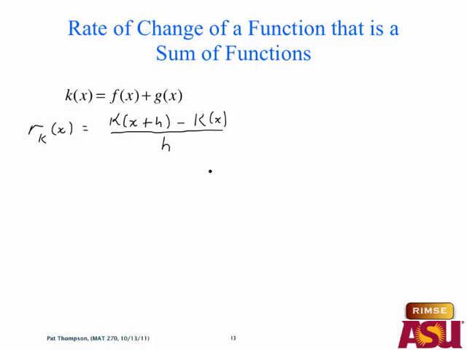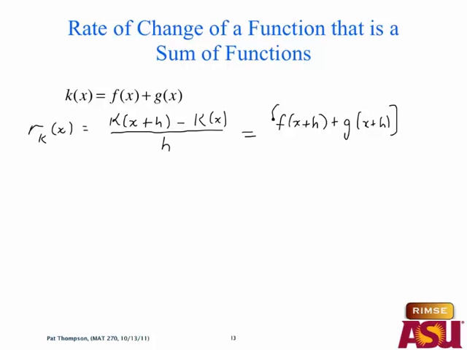Now we look at what the definition of k is, and we apply this to the definition. So, what is k of x plus h? We just want to do this much. If k of x is f of x plus g of x, then k of x plus h is f of x plus h plus g of x plus h.